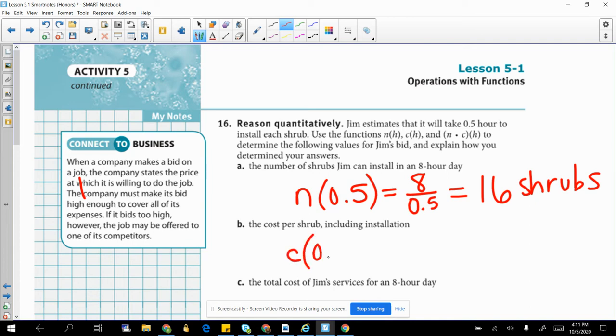So C of 0.5. And then remember that was 65 H, so 65 times 0.5 plus 16. And that was 48.50, or that will equal 48.50.